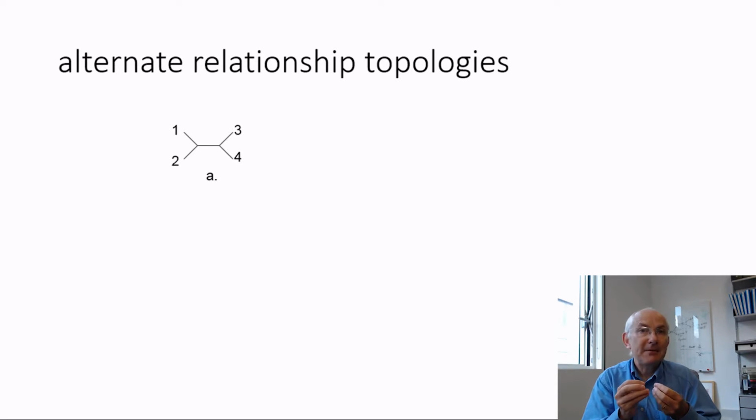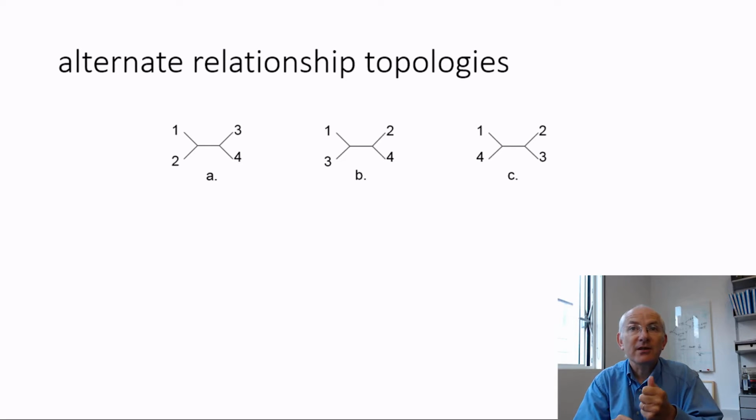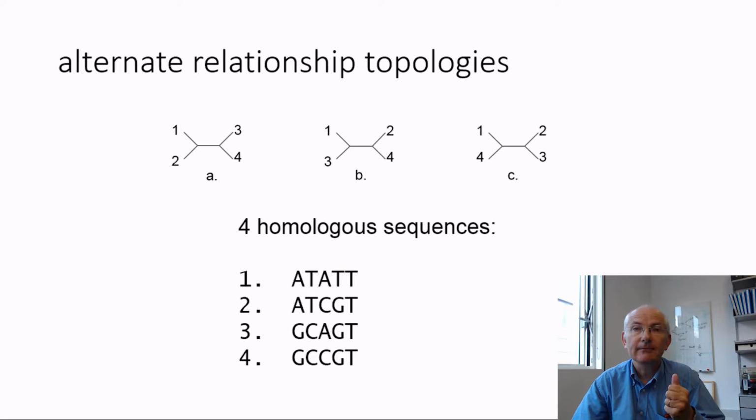I'm going to label them A, B, and C in these slides. Topology A is one where the 2 sequences, number 1 and number 2, are closely related, but they're more distantly related from sequences 3 and 4. Topology B is one where sequences 1 and 3 are most closely related. And topology C is the topology where sequences 1 and 4 are most closely related.